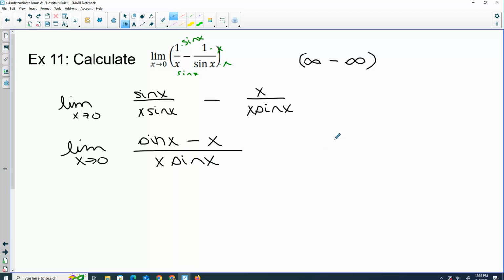Why is the x just in front like that? Why would it not be 2 sin x? Because we're subtracting, we're not multiplying. When you add and subtract, the denominator doesn't change, like 1/2 plus 1/2 is equal to 1.